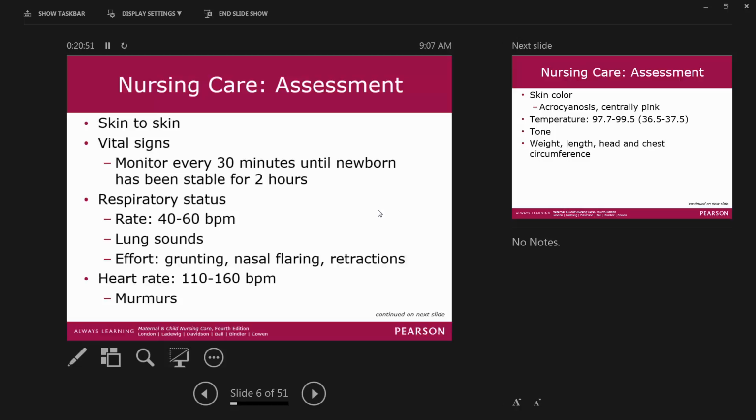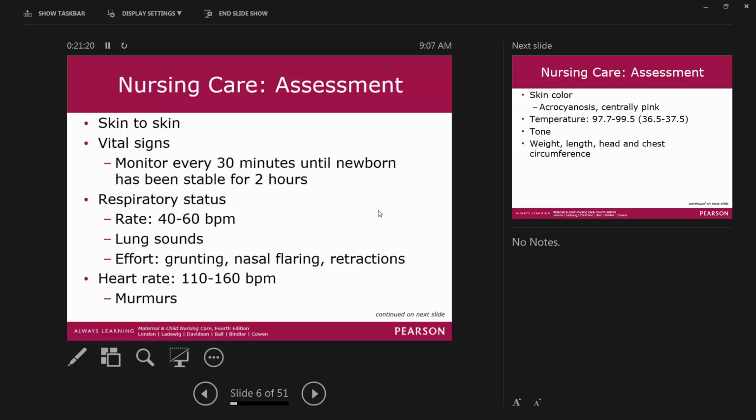Would you check a blood sugar? I would probably eventually check a blood sugar, pretty soon, but not immediately. But what I'm getting at is if you have a normal respiratory rate and you have normal oxygenation, if your baby's grunting and doing this business here, then we know our baby is working a little bit to oxygenate, but maybe this is a transitory thing, okay, so I'm just going to monitor my baby.